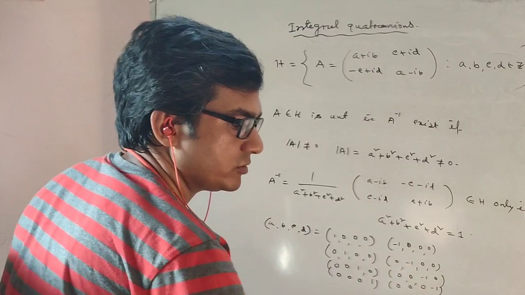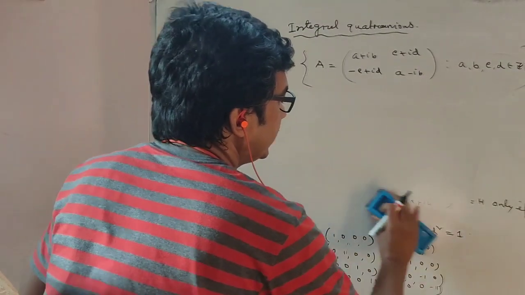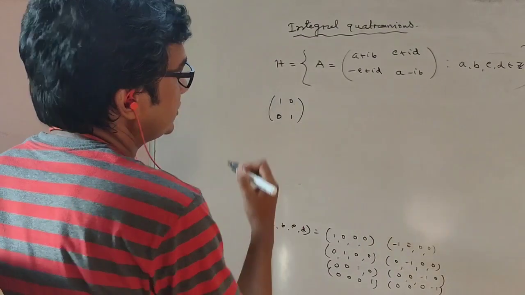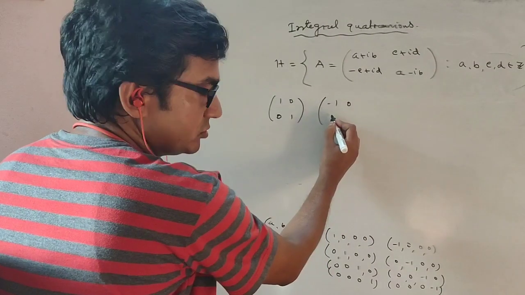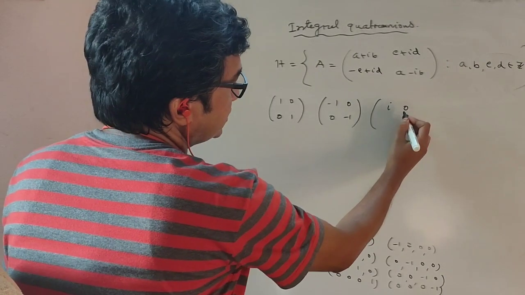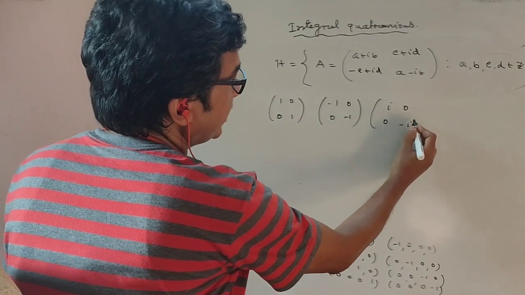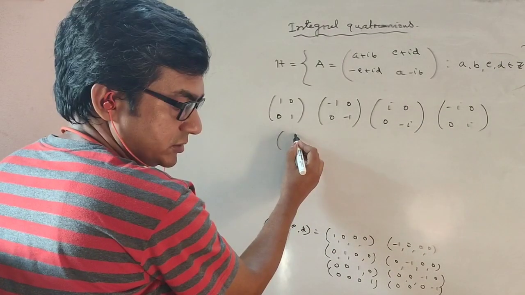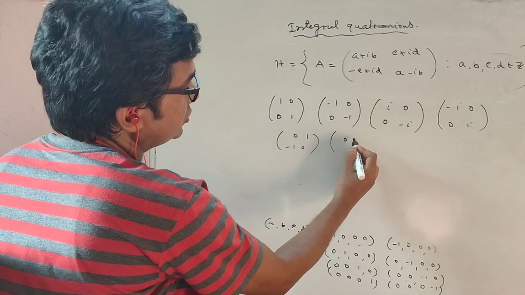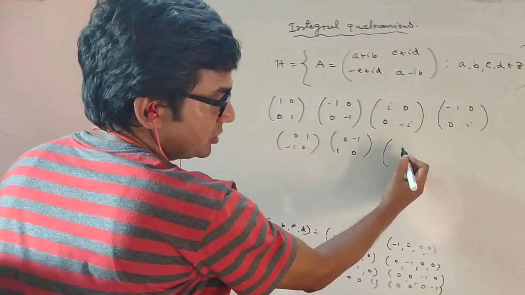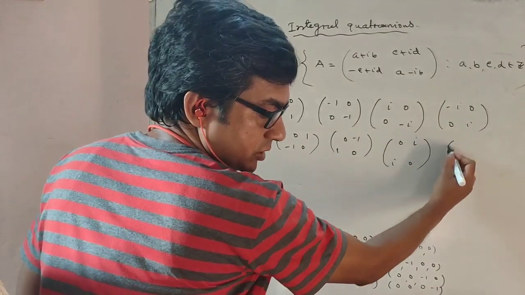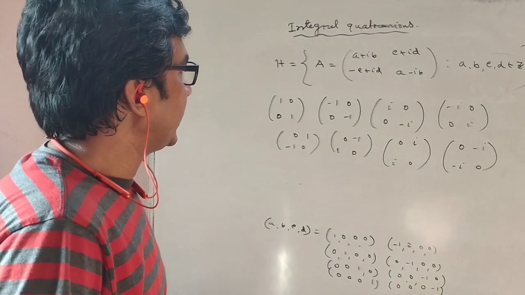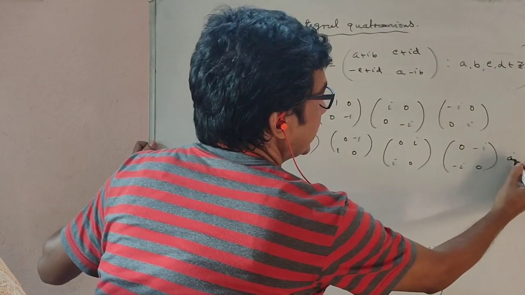From these 8 values of a, b, c, d, we get only 8 matrices as 1, 0, 0, 1; minus 1, 0, 0, minus 1; i, 0, 0, minus i; minus i, 0, 0, i; 0, 1, minus 1, 0; 0, minus 1, 1, 0; 0, i, i, 0; and 0, minus i, minus i, 0.